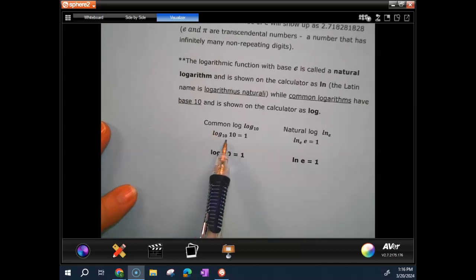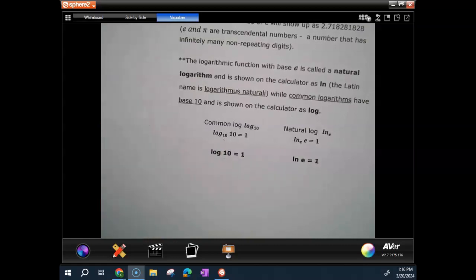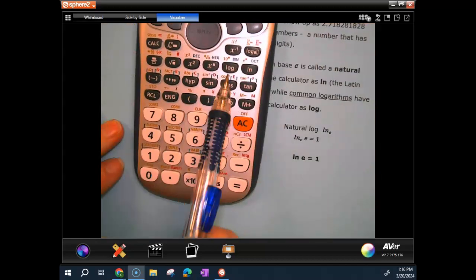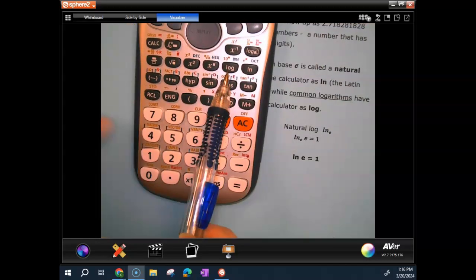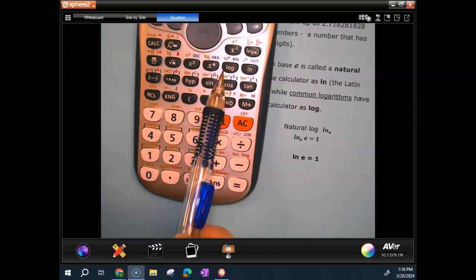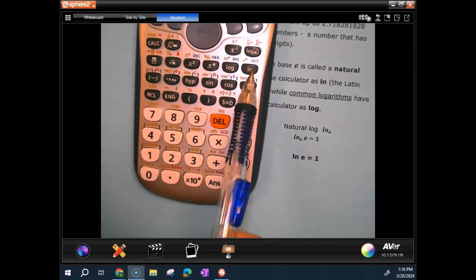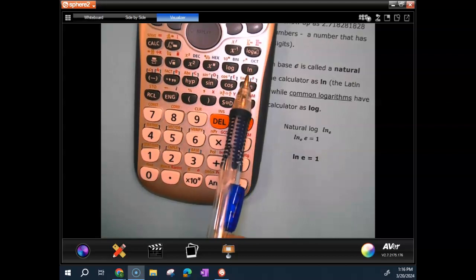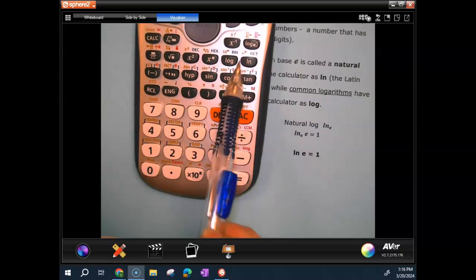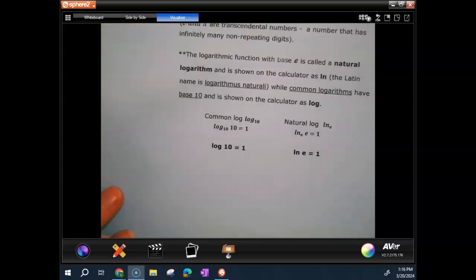So when we take log of 10, we know it's a base of 10. And that's what's on the calculator, right? The log button, the one that's right here. That's the log, it's base 10. When we're taking log base E, we just name it something different and we call it the natural log. So that's the LN button, and that's why the E is above the LN button, because it has a base E. Okay?